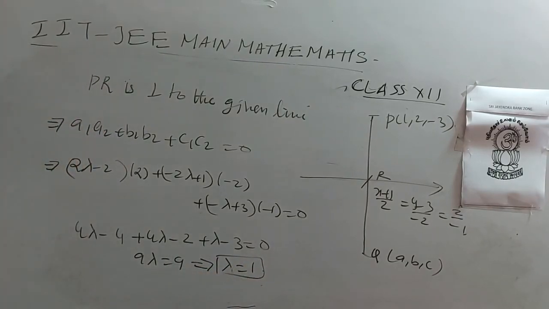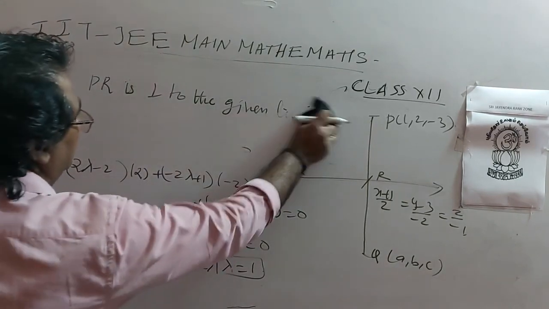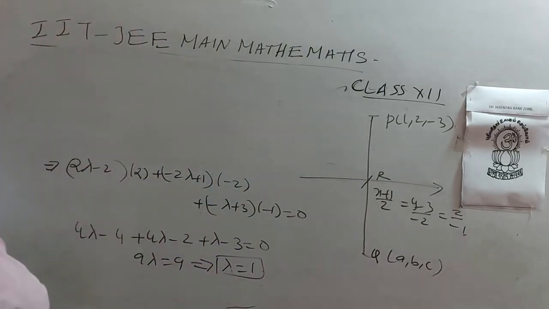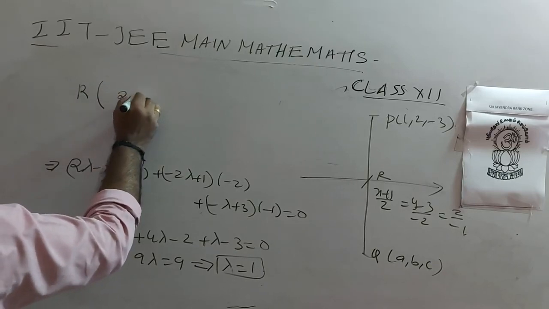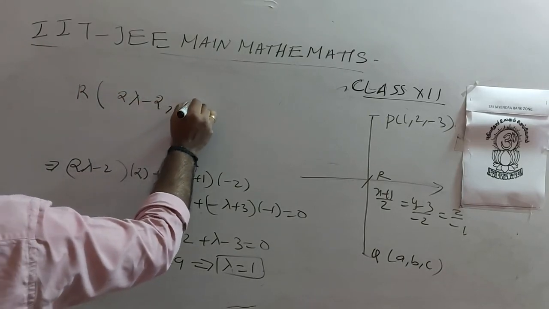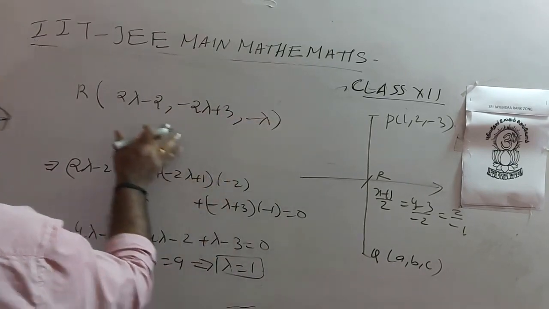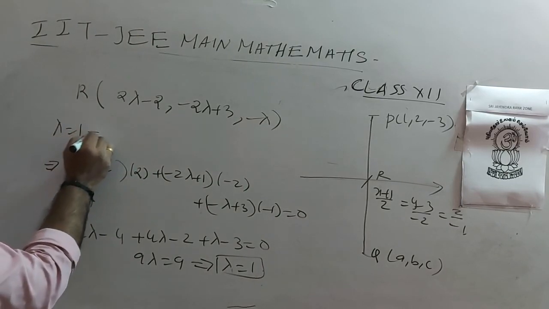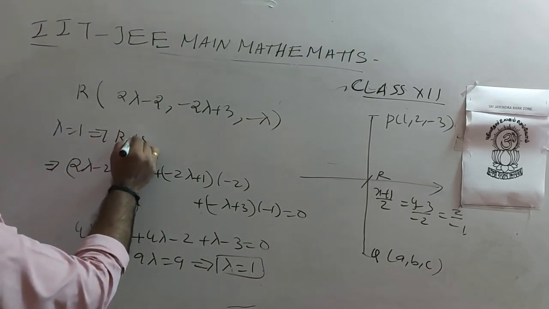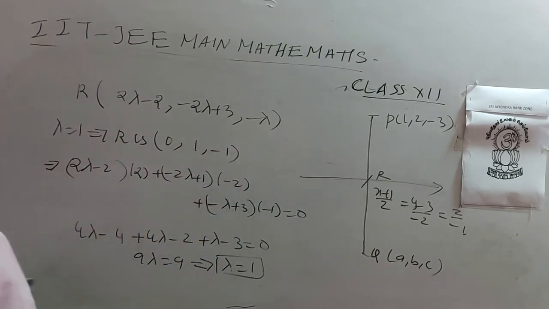Nine lambda equals 9, which means lambda equals 1. We have found R: lambda equal to 1 implies R is (0, 1, -1).